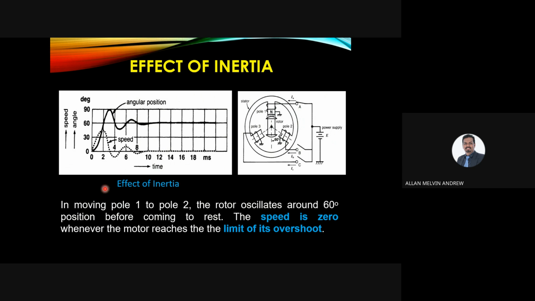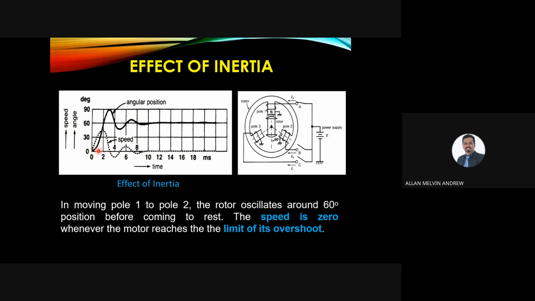We can see in moving from pole 1 to pole 2 there are two things involved: one is the speed, the dotted line, and also the angular position. These two things are interrelated. The rotor oscillates around the 60-degree position before coming to rest.